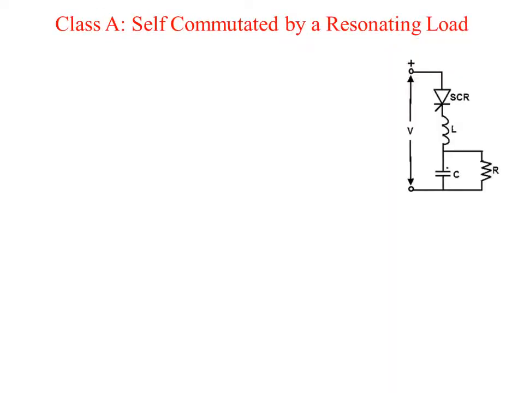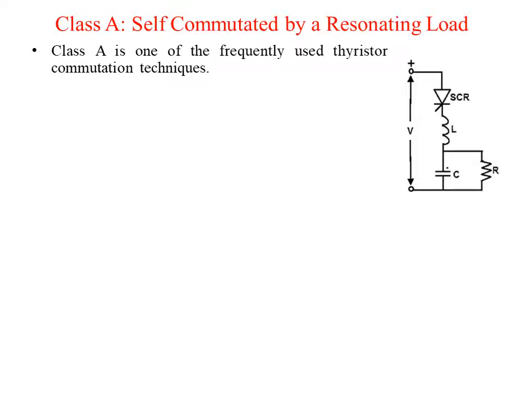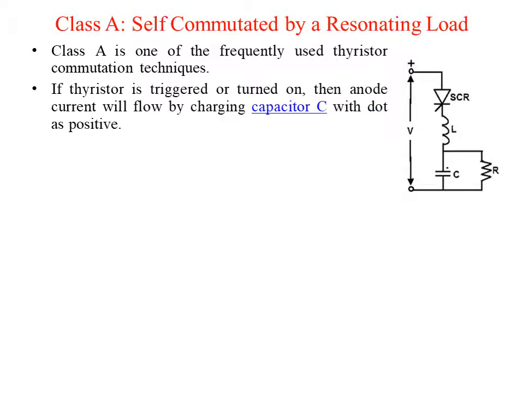Class A commutation, called self-commutated by resonating load. The figure on the right hand side shows the circuit connection for the Class A commutation method. Class A is one of the frequently used thyristor commutation techniques.